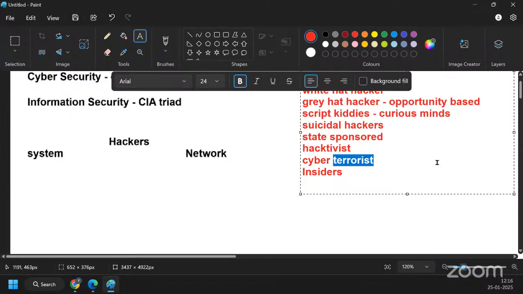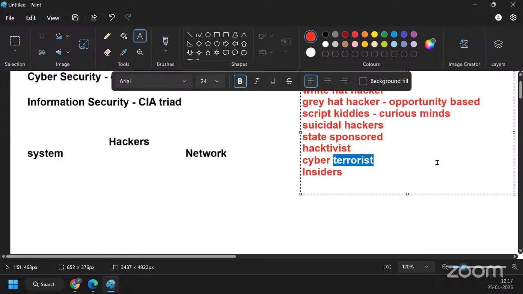Then after it, guys, we have the insiders. When we are talking about insiders in an organization, we have insider threats for our organizations. On the basis of insider threats, there is the malicious insider as well as the unintentional one.